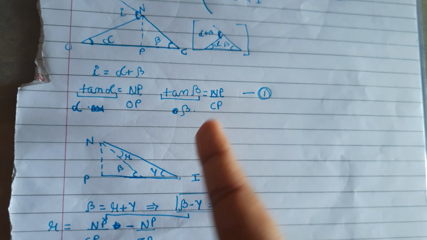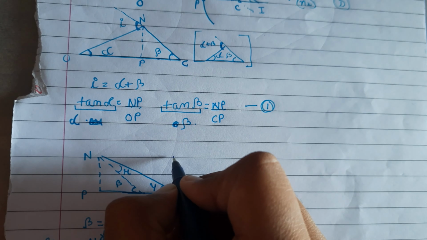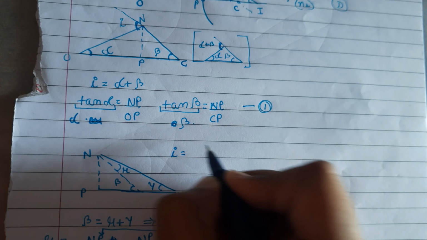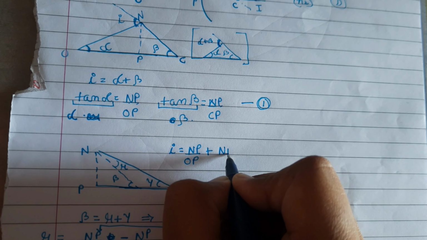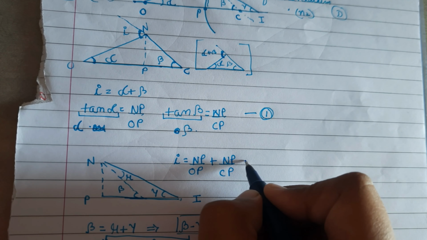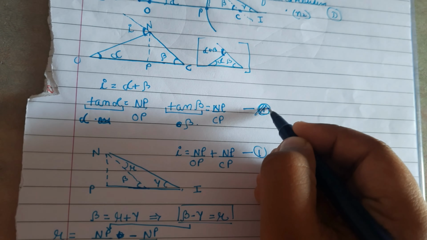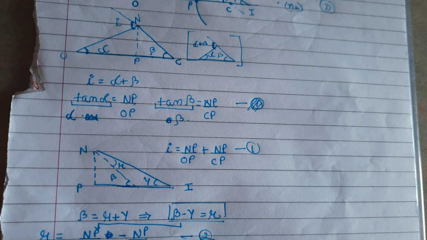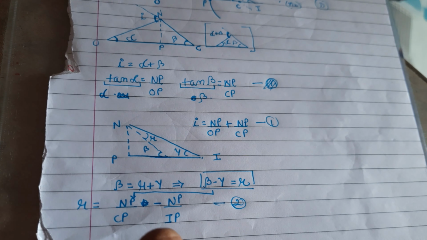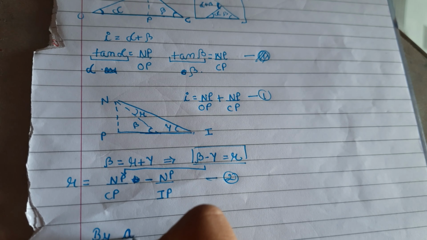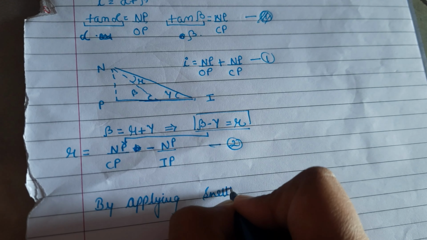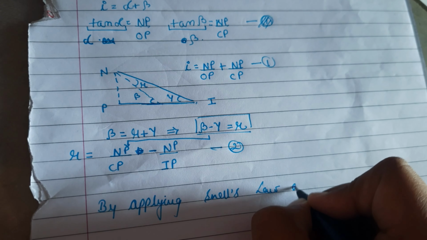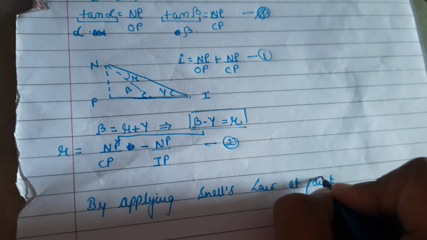Okay, here I forgot one step, that is i is equal to NP upon OP plus NP upon CP. That's equation 1 and not this. Here this is equation number 2. Now we will apply Snell's law at point N.